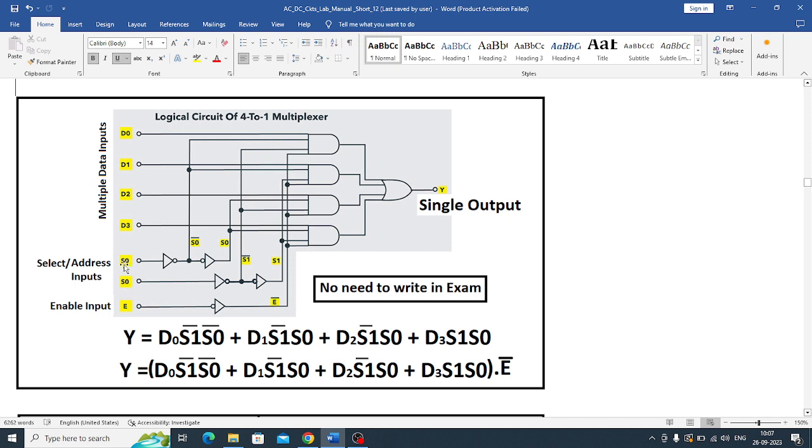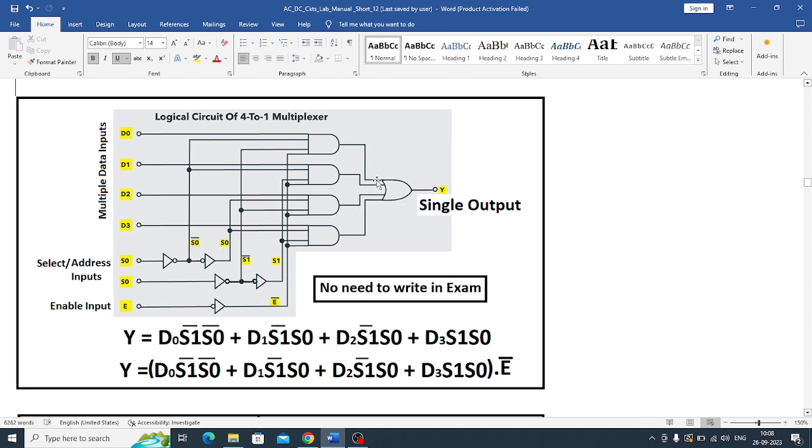On the internet itself it is given wrong. So this is S1, then this will be S1 bar, this will be again S1. This is an inverter. So according to the value of S0 and S1, only one AND gate will be selected. So the input at that AND gate will come at its output. All other outputs will be 0.